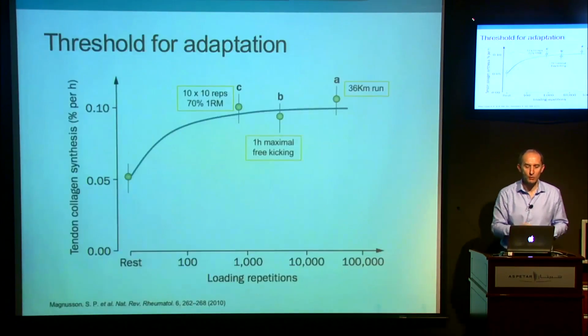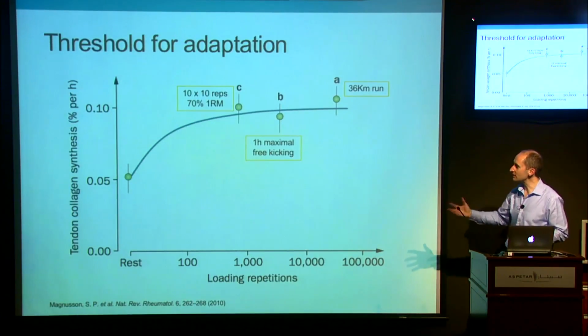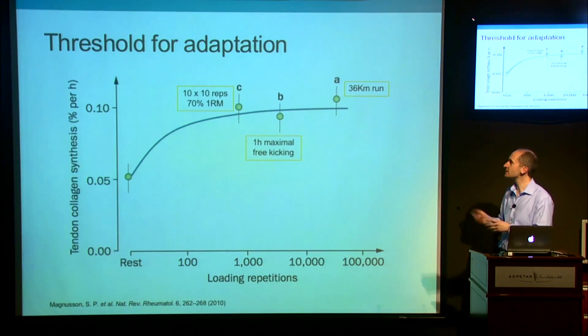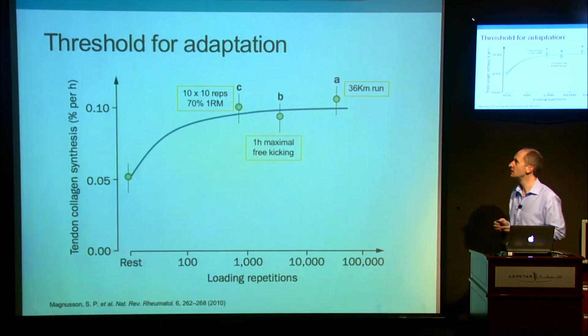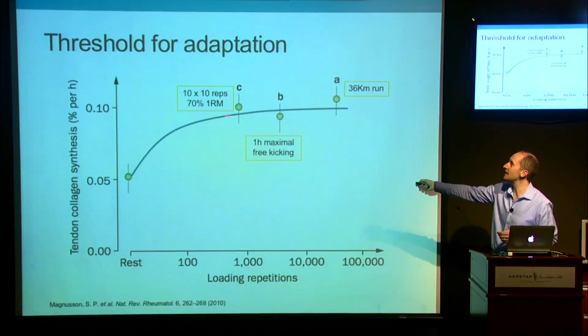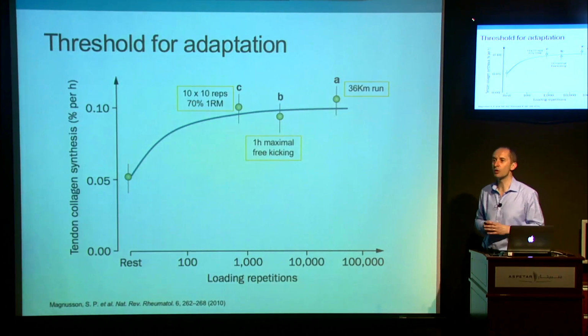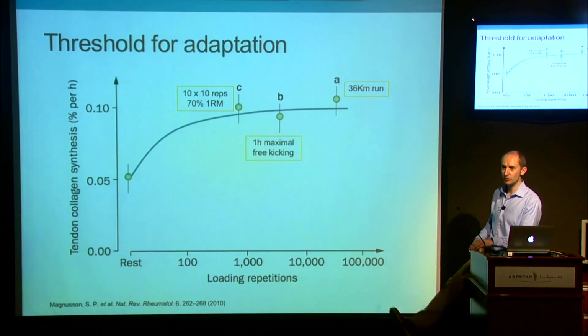And this was really well illustrated in this study that, again, the same group did, where they looked at tendon collagen synthesis for 3 different exercise protocols. And looking here, first of all, at doing 10 sets of 10 repetitions at 70% of the 1RM in a quads extension movement.